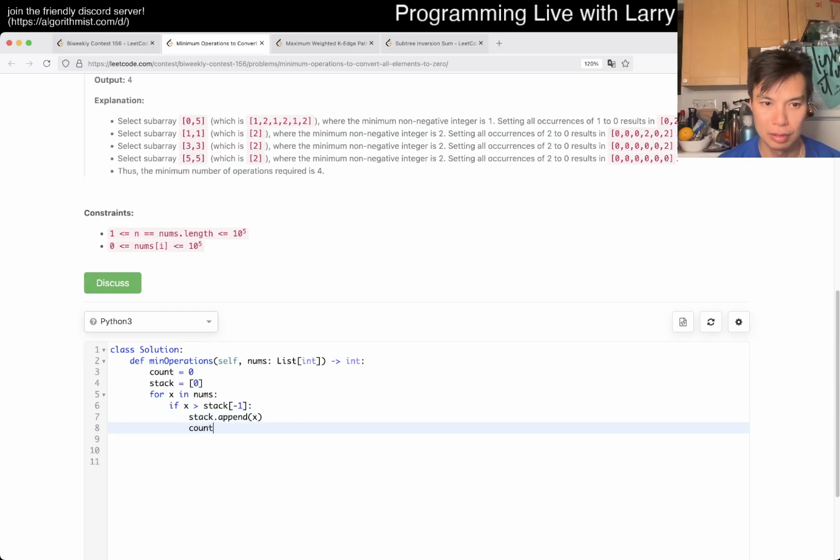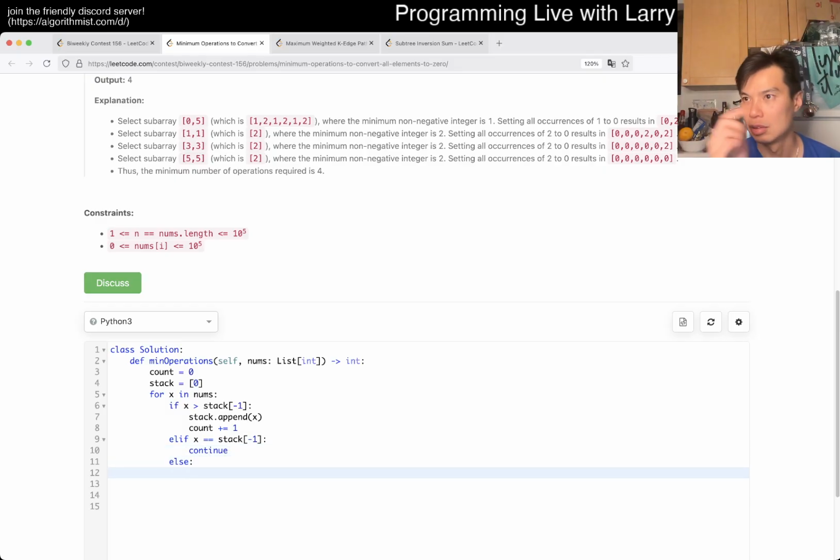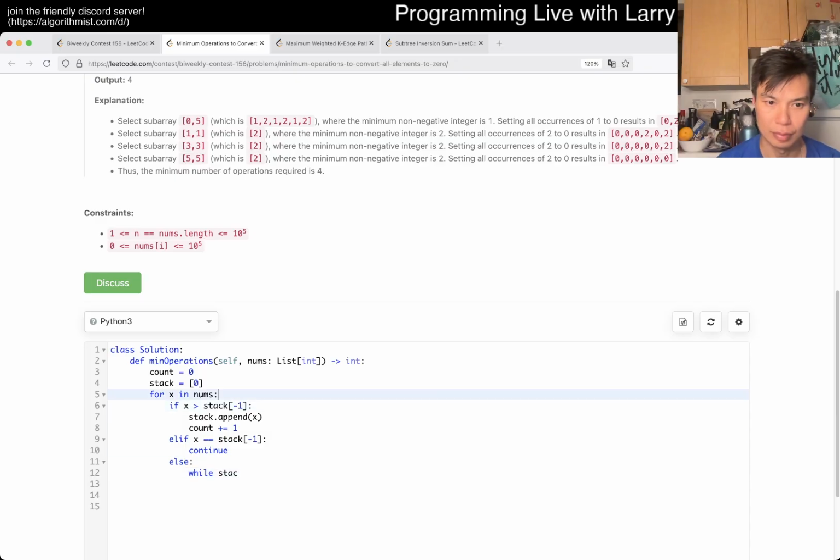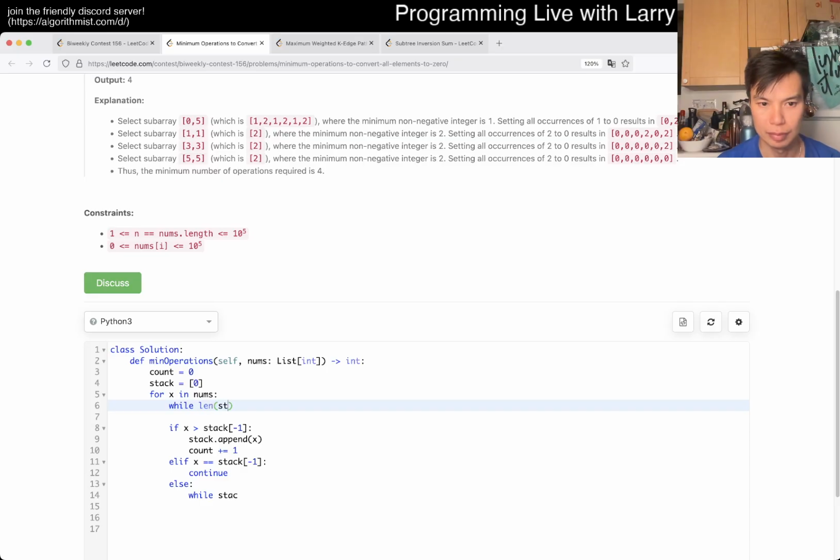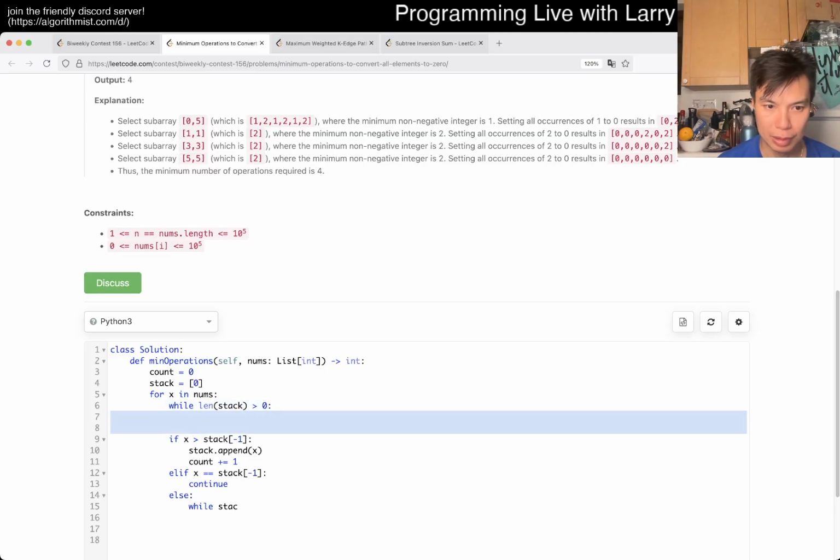So here, okay, if it's equal to, then nothing happens because that's part of the current thing. So we continue. And then if it's lower, then now we keep on popping. Okay, maybe something like this.